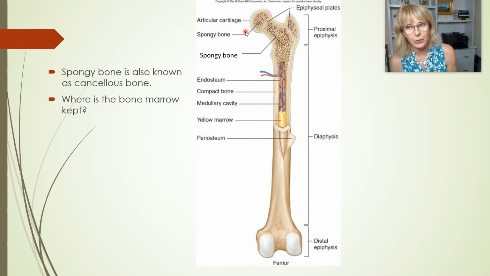I'm looking at page 51 to make sure I cover all the points you need to know. Medullary cavity. This empty space in the middle of the diaphysis is called the medullary cavity. And the medullary cavity has got big blood vessels in it. And it also is a place where we will store fat, a special kind of fat that's called yellow marrow.